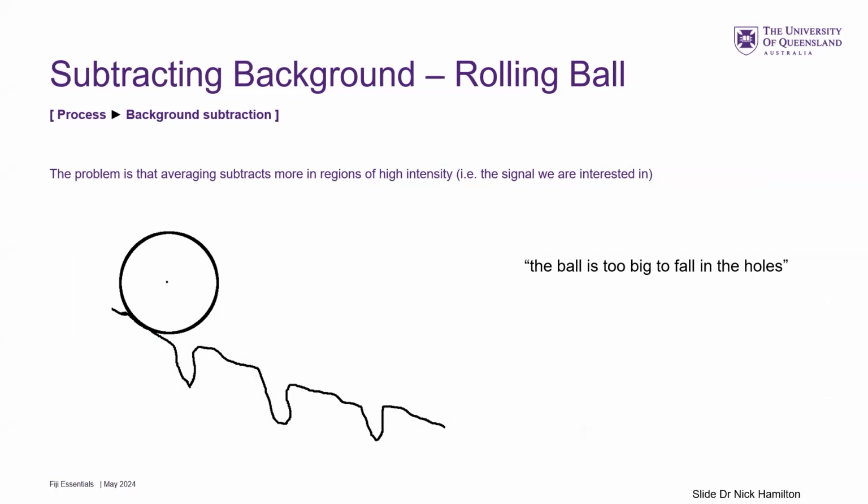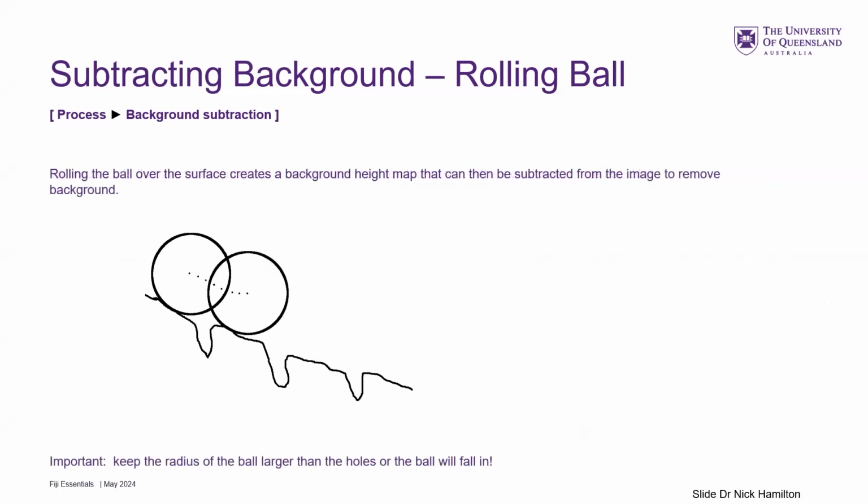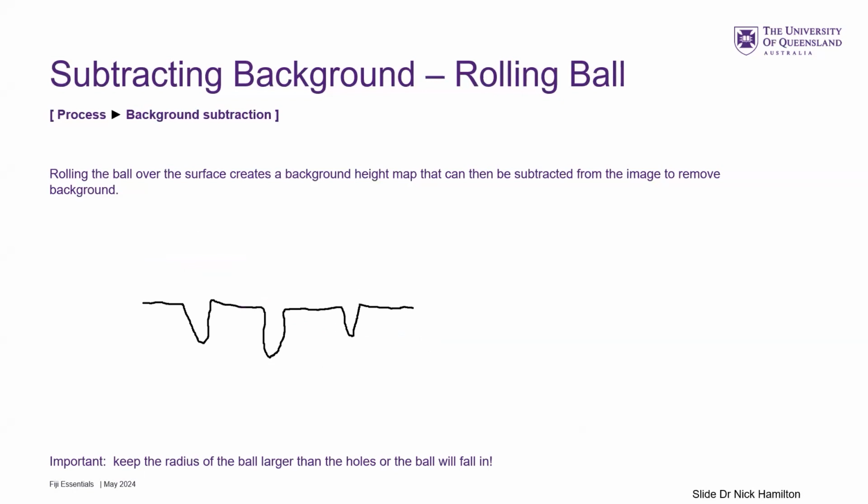So if we roll the ball across the surface, the ball here is so big that it doesn't fall down. So these changes don't really affect the center of mass of where that ball would be. And so we can get an indication of what our general background's doing, normalize the image against that, and then it's all nice and flat. So that's how a rolling ball background subtraction works.